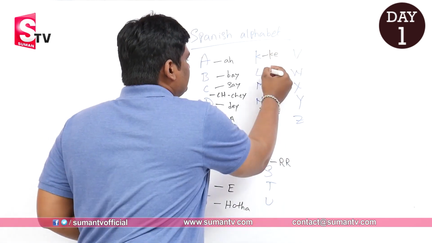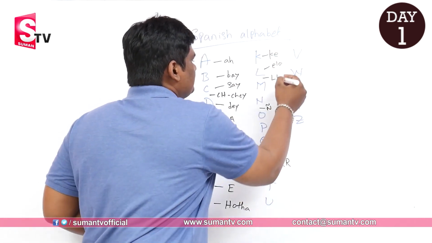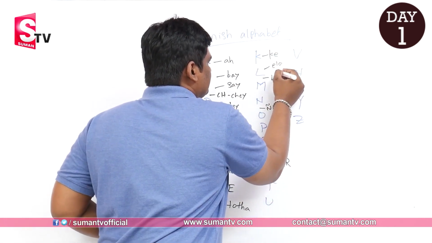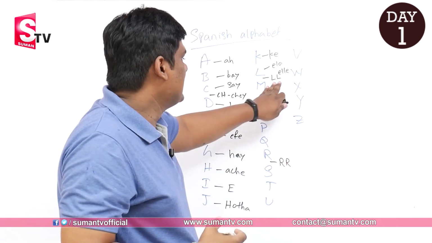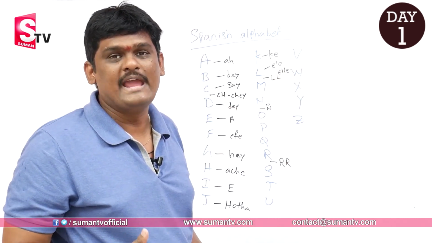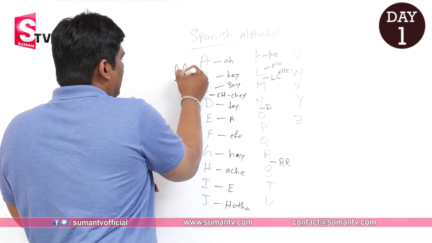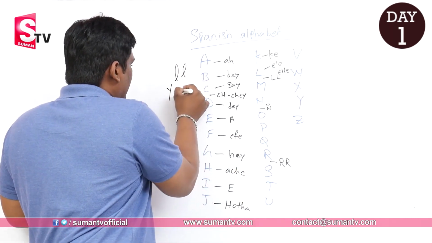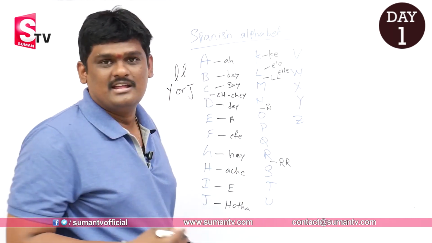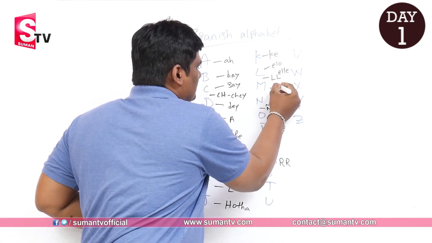K. LA. Double L is pronounced as Y or J. This double L will be pronounced as Y or J. MA.